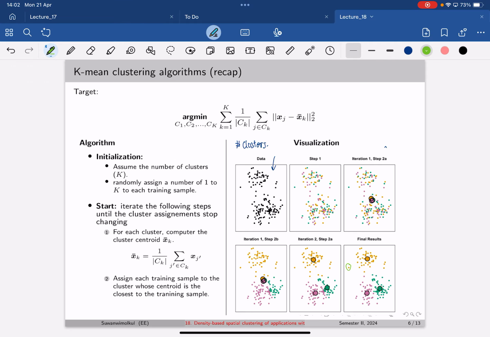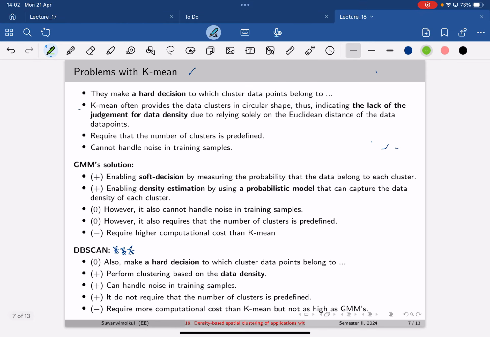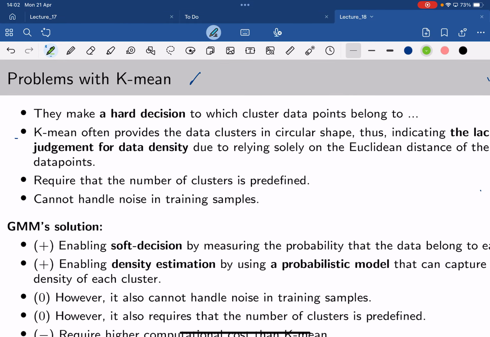So, K-mean is the algorithm that makes a hard decision. Hard decision means that you simply say it belongs to this cluster over that cluster, kind of like you assign a value to that sample point, like an integer cluster number. That is what we call hard decision.